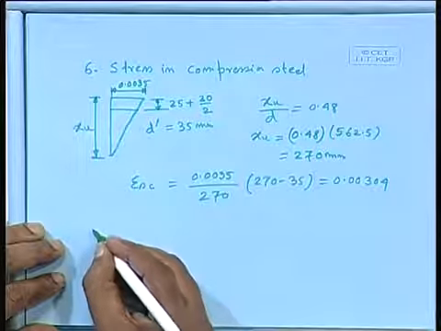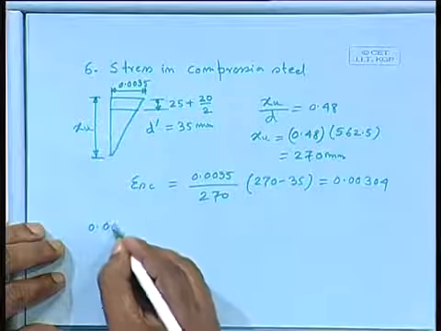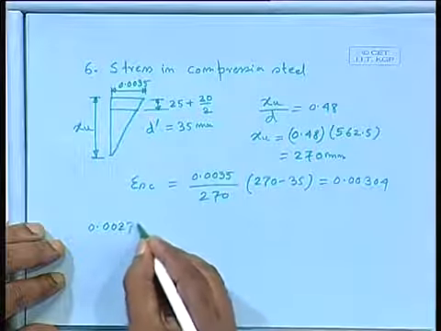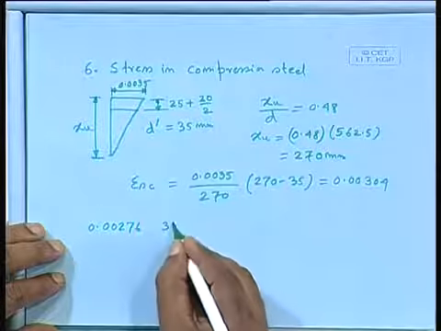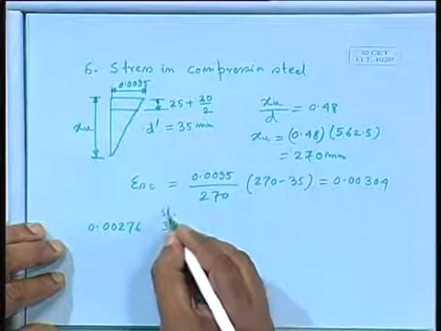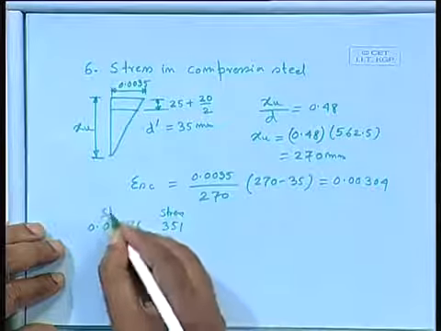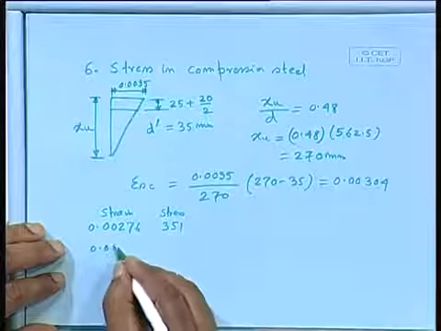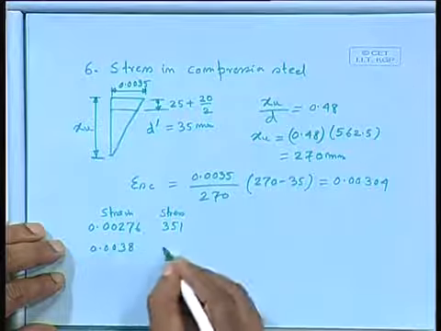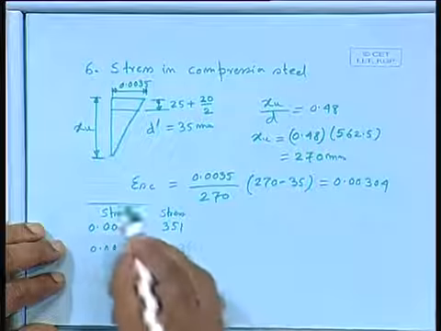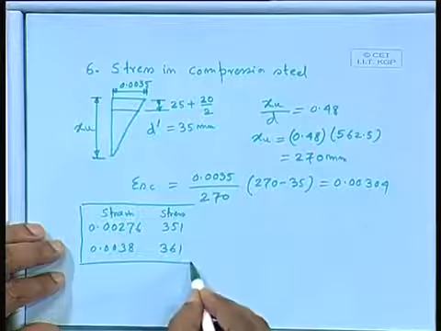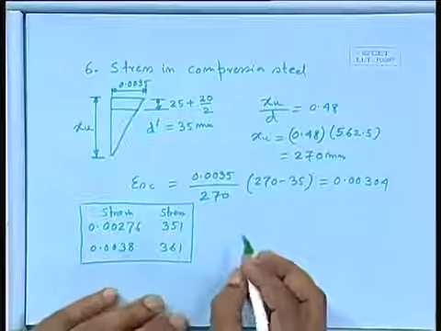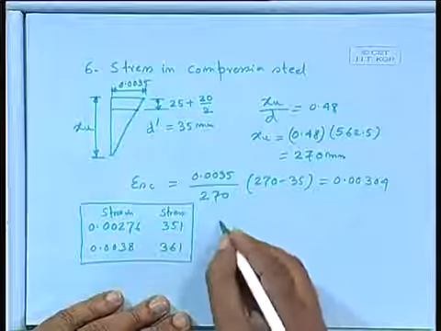From the table again we are getting the same interval, 0.00276, which comes as 351 stress, and strain 0.0038, 361 from the table, the one which we have given in the last lecture.